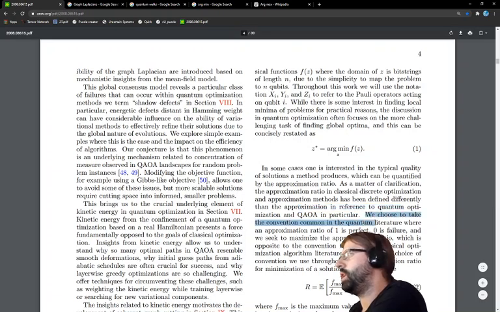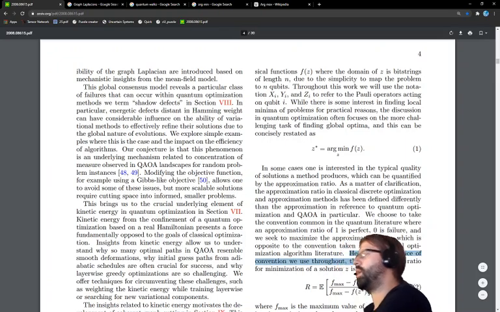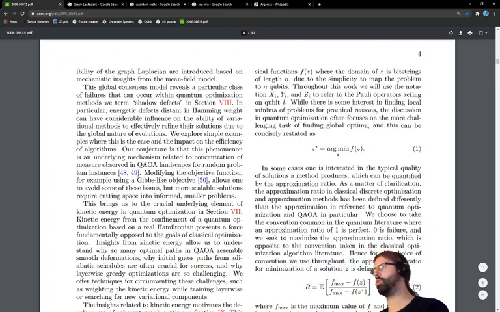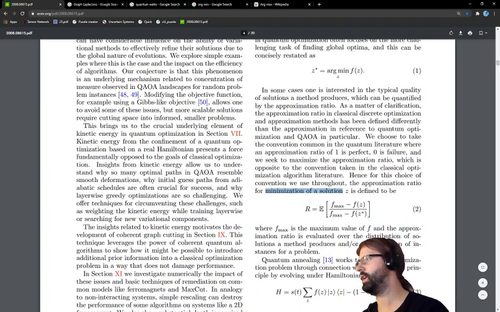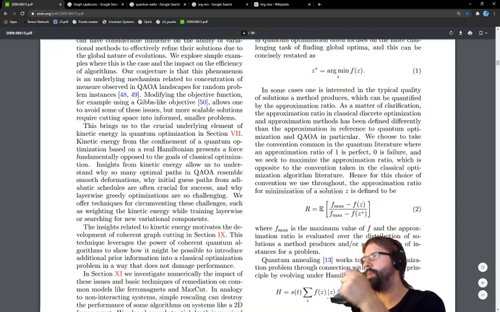We choose to take the convention common in the quantum literature, where an approximation ratio of 1 is perfect, 0 is failure. And we seek to maximize the approximation ratio, which is opposite to the convention taken in the classical optimization algorithm literature. Hence, for this choice of convention, we use throughout the approximation ratio for minimization of a solution z, which is defined as, and I guess this is the expectation value, now I know.